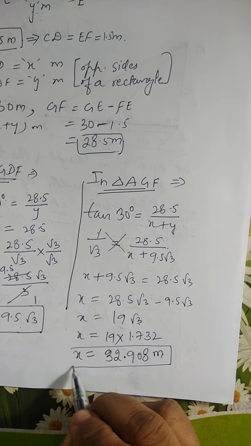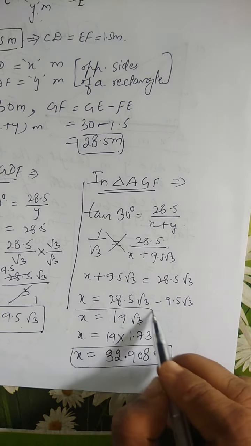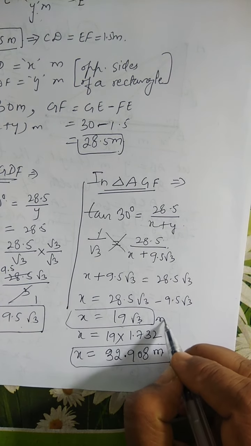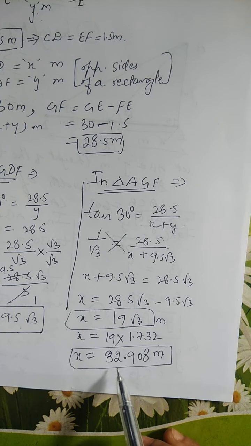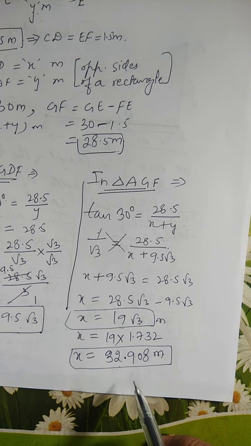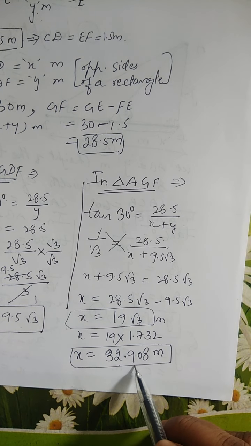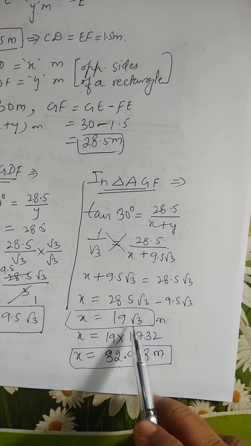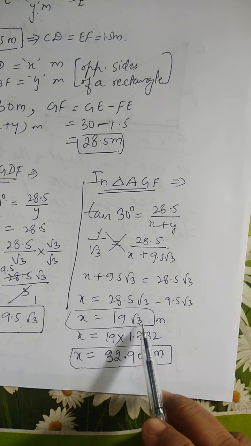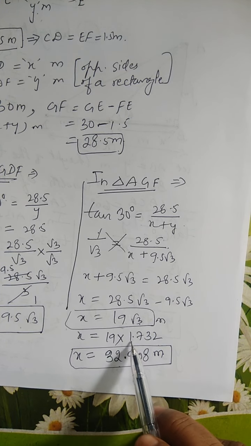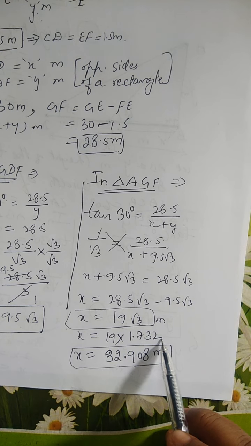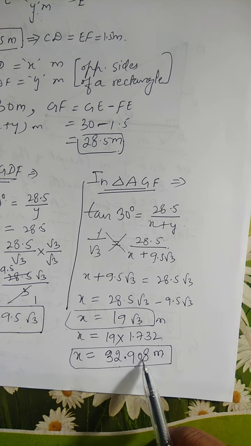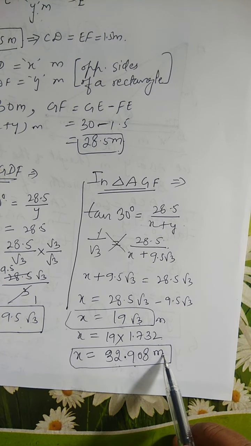So the boy walked 32.908 meters, because we multiplied 19 by the root 3 value 1.732.